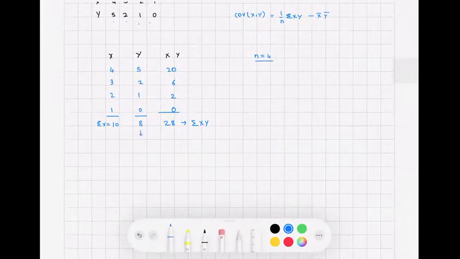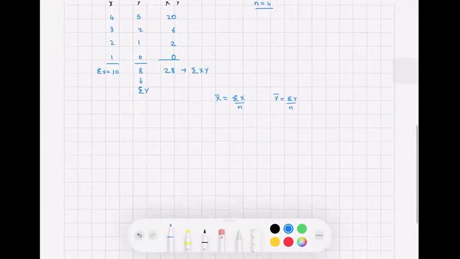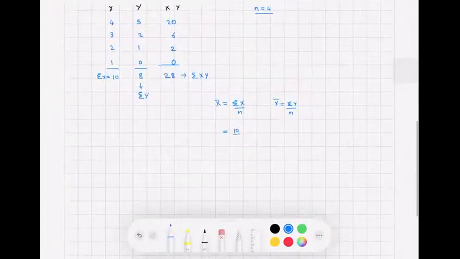Yes, 8. This is summation of y. My x bar is the mean, nothing but sigma x over n, y bar is sigma y over n. Okay, so this is 10 by 4, this is 8 by 4.